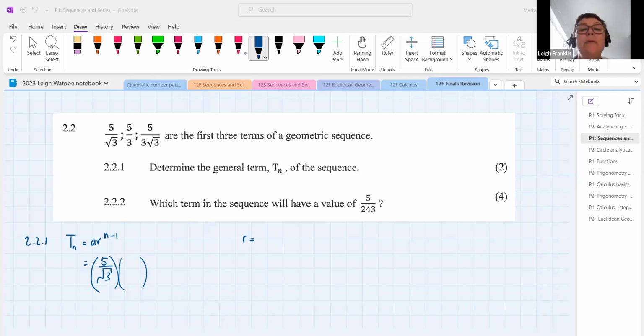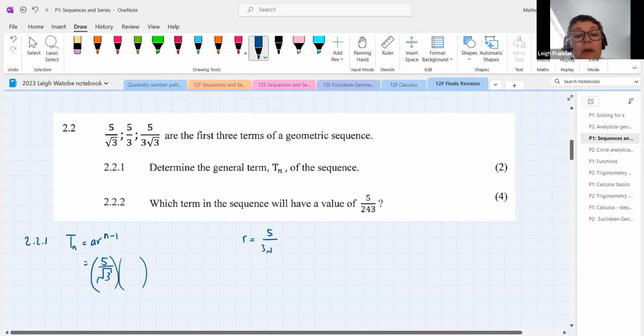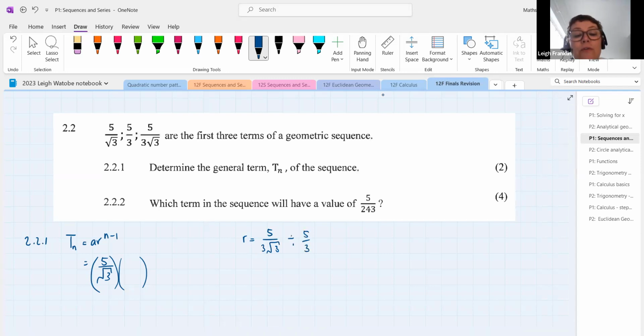I certainly am. Good, well done. So in other words, we said 5 over 3 root 3 divided by 5 over 3, and I get the same as what you have both said as well. I'm getting root 3 over 3. So over here, we've got root 3 over 3 to the power of n minus 1, like so.